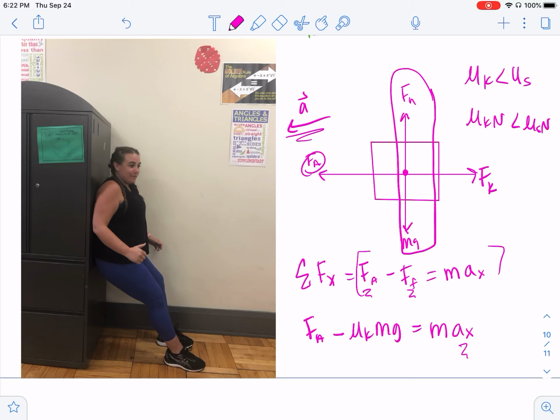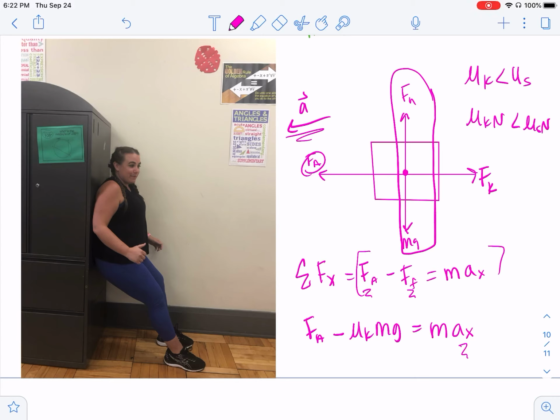And once you set it in motion, this disappears really quickly, and you'll just talk about how the force of kinetic is the only force there, and the acceleration would cause it to stop moving. Here, though, I am still trying to move it. I am still giving a force applied, so simply that friction is just causing it to be harder to move.